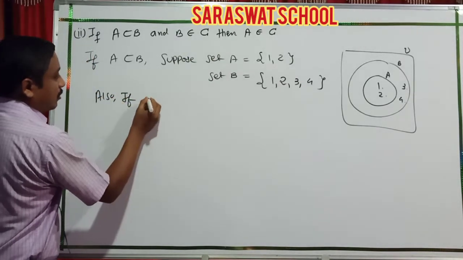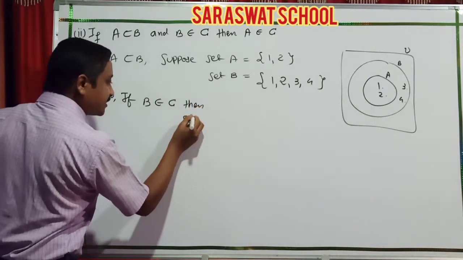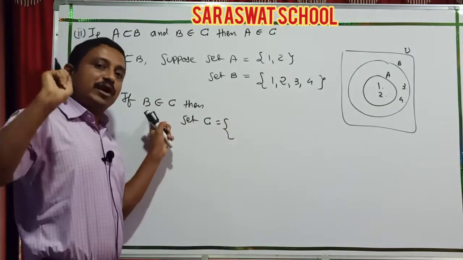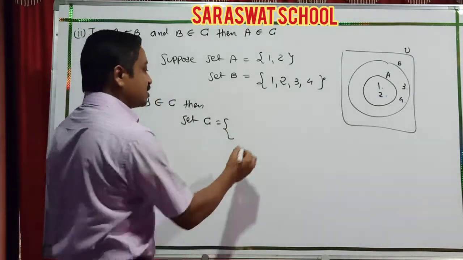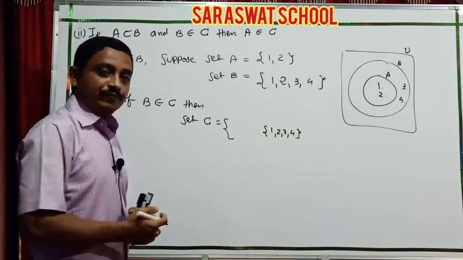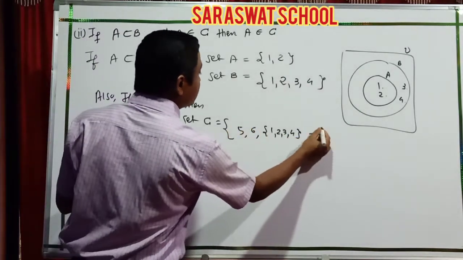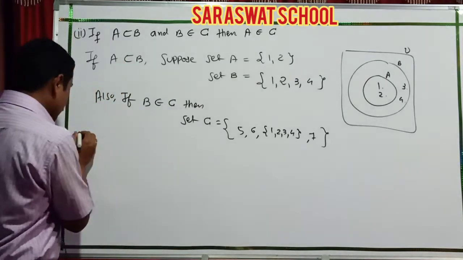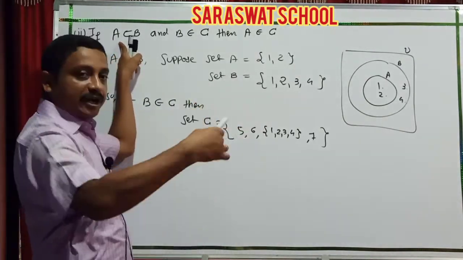If B belongs to C, then set C. Students, I assume according to B every member is present in C. This B is present here. So I show here 1, 2, 3, 4. Other numbers I am taking 5, 6, 7, as you like. Now I check A subset B, yes, already taken.